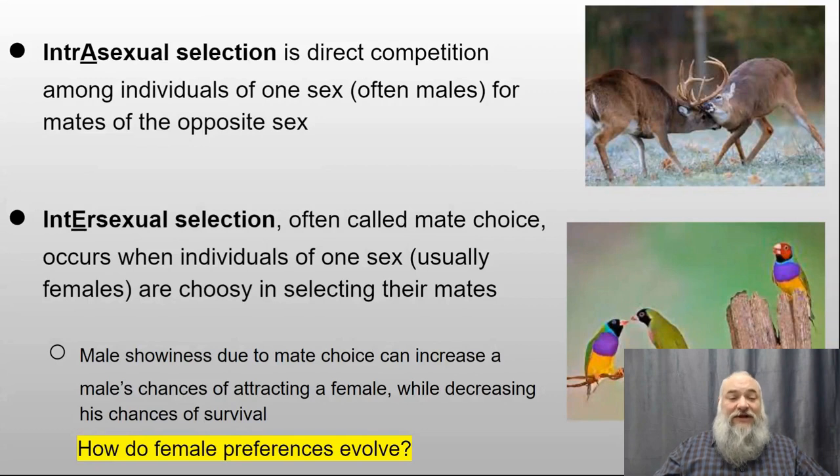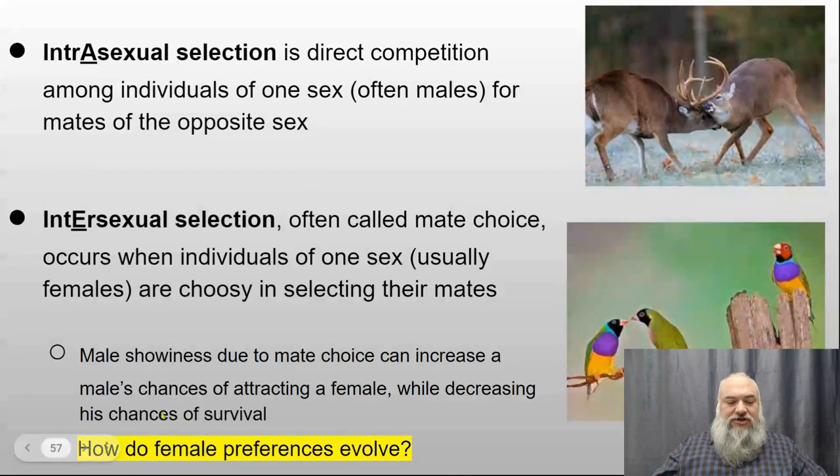That's often called mate choice. It occurs when individuals of one sex, which is usually, but not always, the females, are choosing and selecting their mates. They want to get the mate who's got the best genes to give to their kids. So male showiness due to mate choice can increase a male's chance of attracting a female while decreasing his chance of survival. We talked about that.